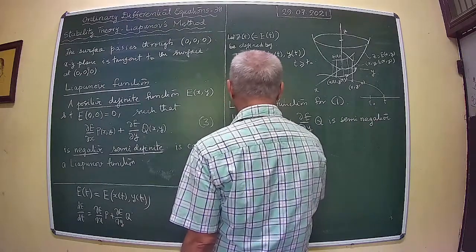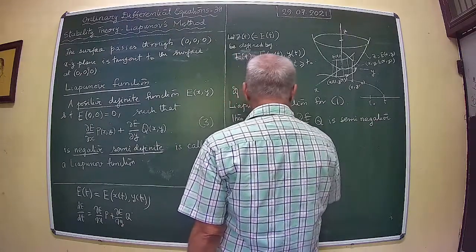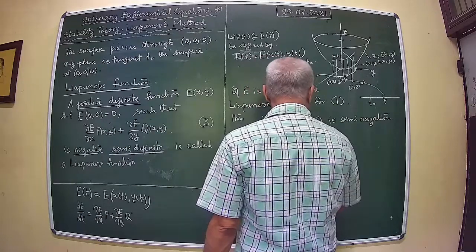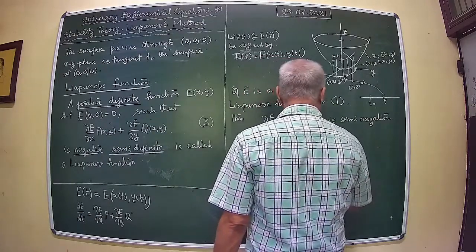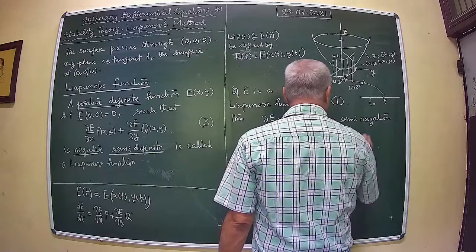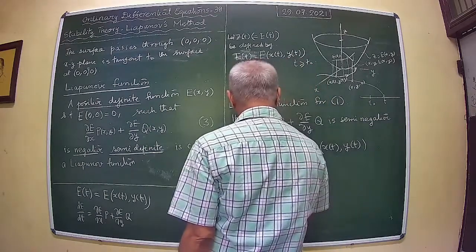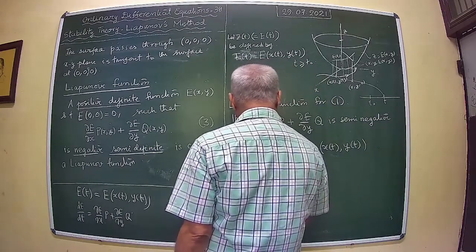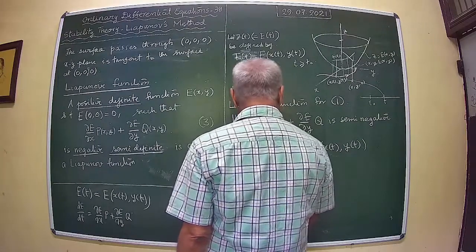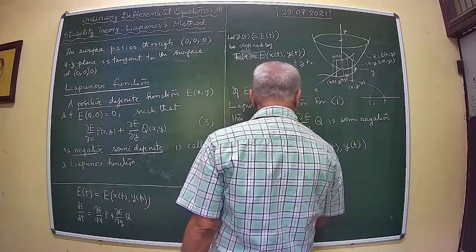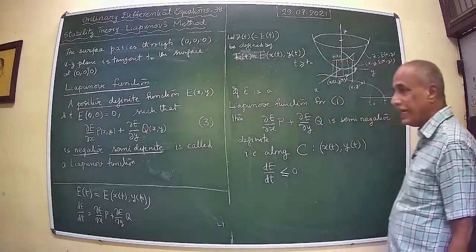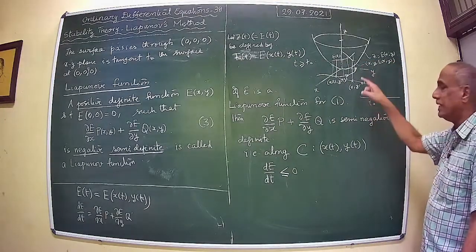That is, along the characteristic C you have dE by dt less than or equal to 0, that is, E decreases, the value of E decreases.